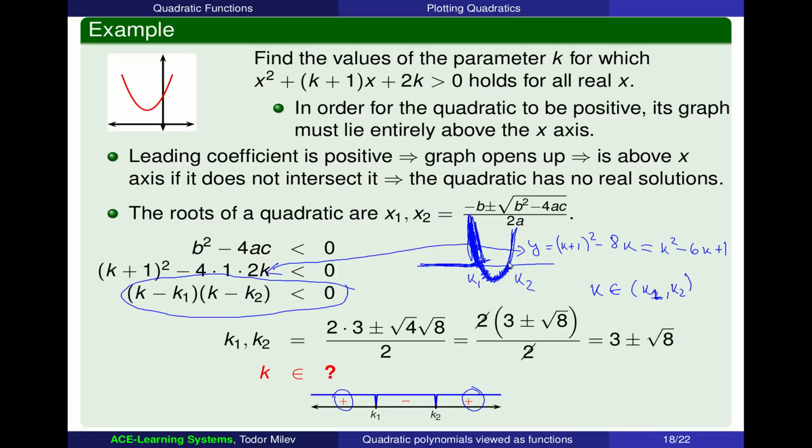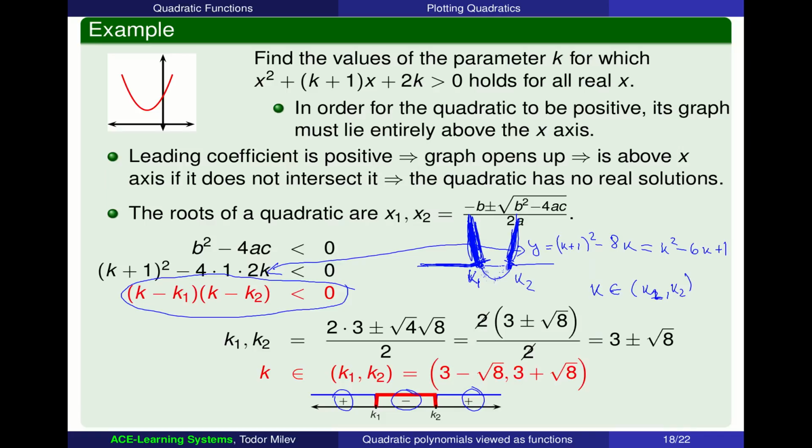Over this interval, the graph of the parabola continues being positive over here, but between k1 and k2, it is negative. So between k1 and k2, I'm having a negative value of the quadratic function.